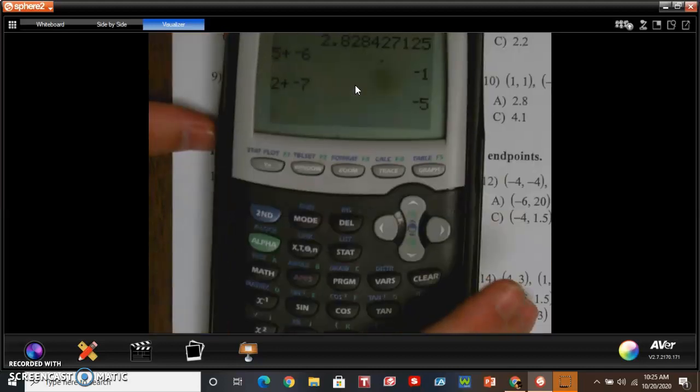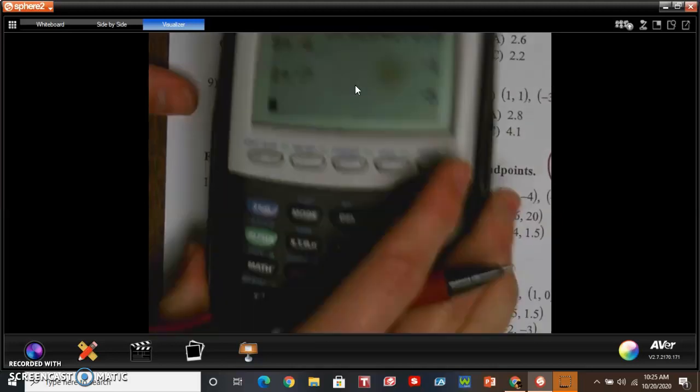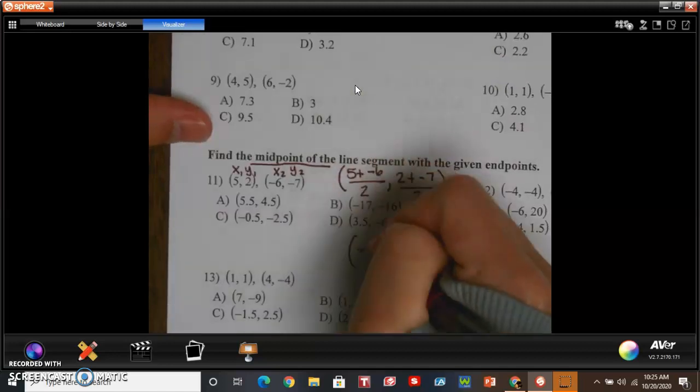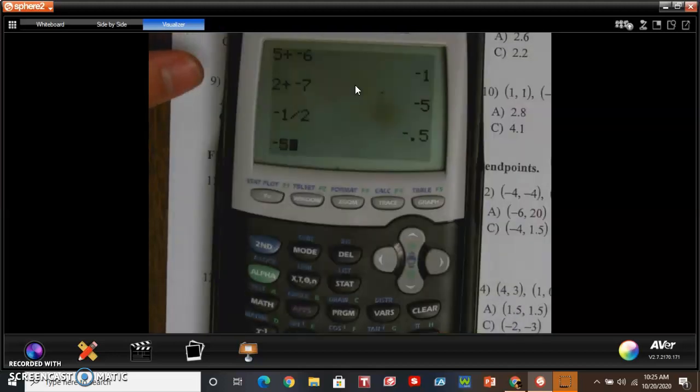And then 2 plus negative 7 gives us negative 5. So we're going to have negative 5 divided by 2. So our final answer, negative 1 divided by 2 gives us negative 0.5. Then negative 5 divided by 2 gives us negative 2.5.